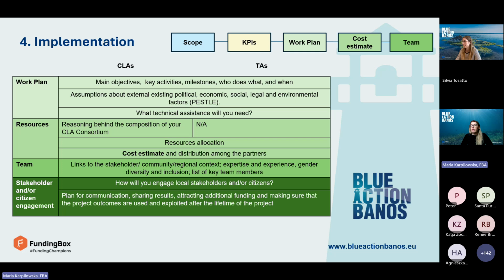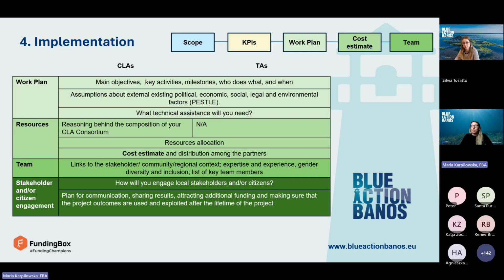Then a big subsection of this criterion is connected with resources. First of all, we will want to know how you build your consortium and why you want to cooperate with the partners you want to cooperate with. What's the justification for that?